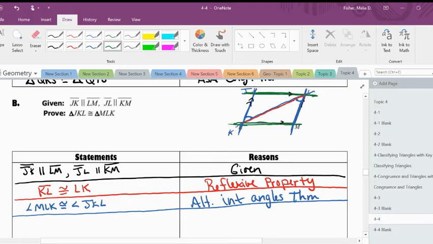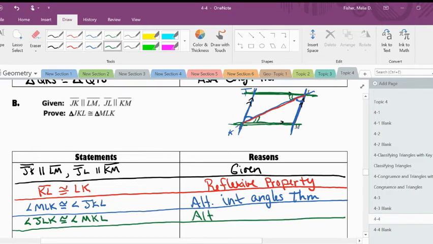This time we're going to be able to determine that this angle and this angle are congruent. So I'm going to say that angle JLK is congruent to angle MKL. And again, that is an alternate interior angles theorem.